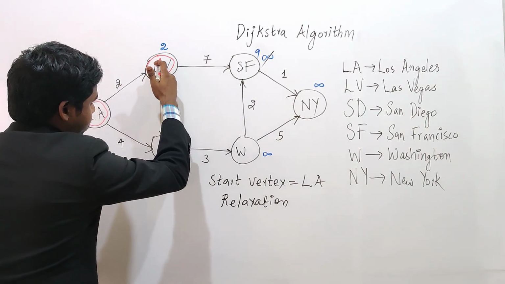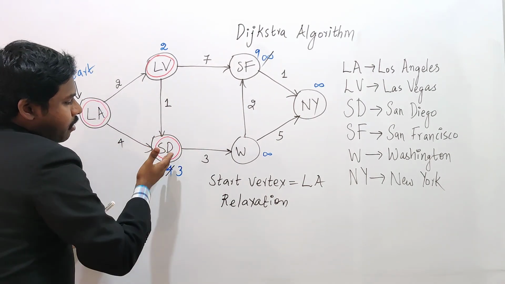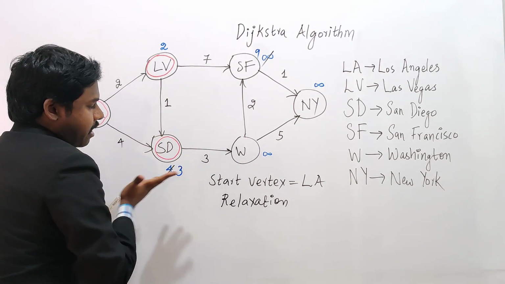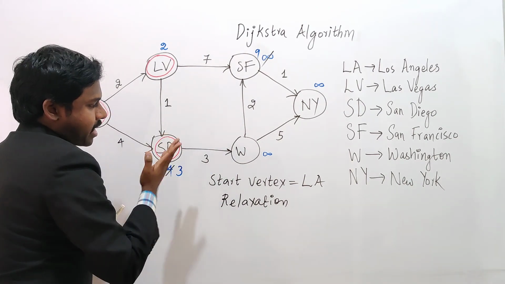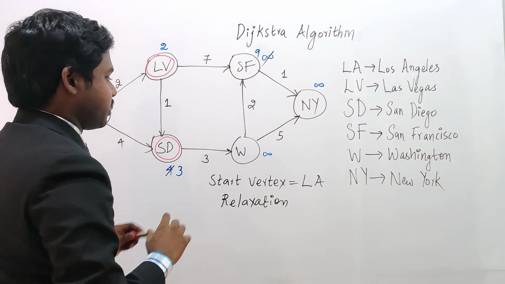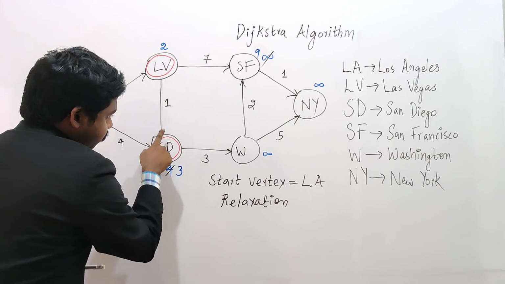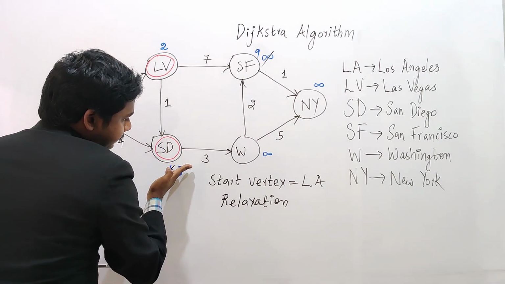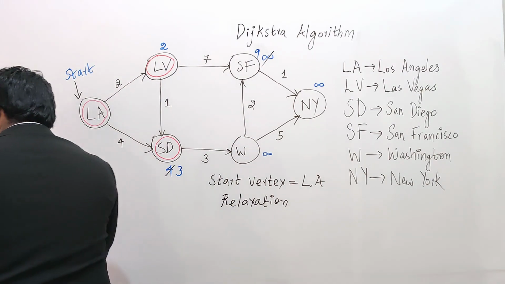So you have reached here, and now you have to go here. From San Diego, how many directions are there? It's only one direction. It goes only to Washington, D.C. So we have to consider only Washington, D.C. What's the distance? It's 3. But already we have covered 3 distance now. Now we have to add 3 and 3, which is 6.